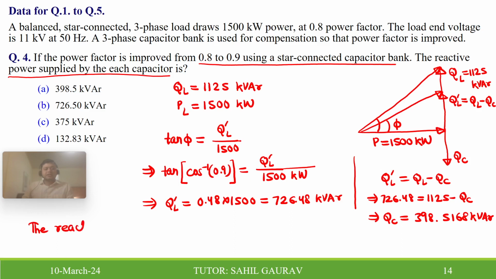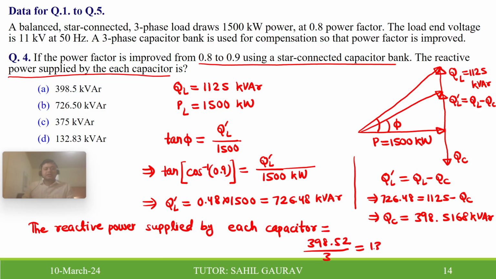So the reactive power supplied by each capacitor will be 1/3 of the total capacitor reactive power, that is the total divided by 3. So it will come as 132.83 kVAR. So D is the correct answer.